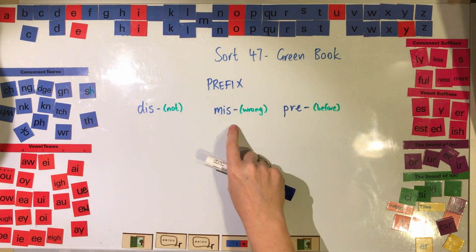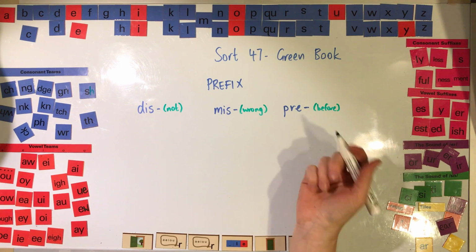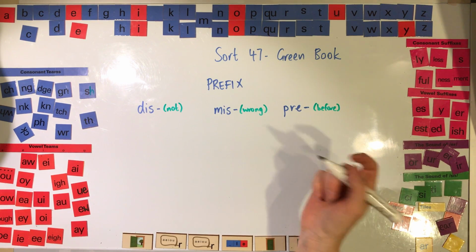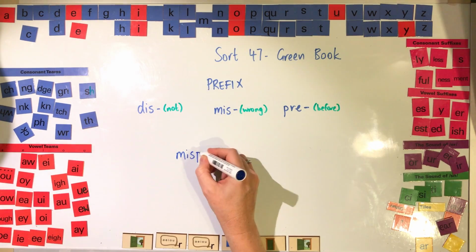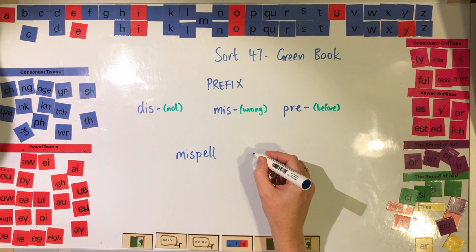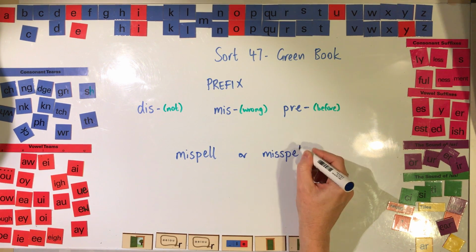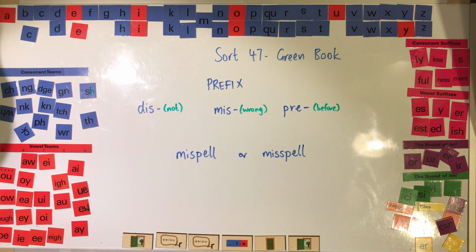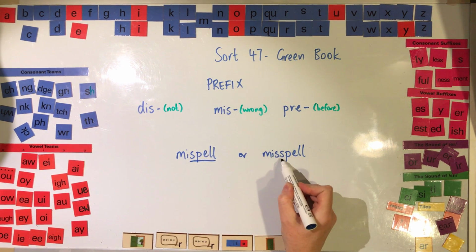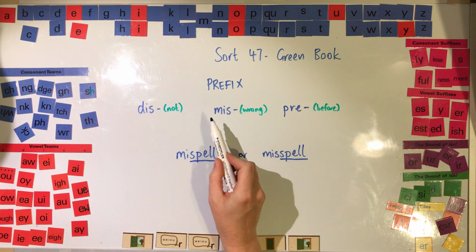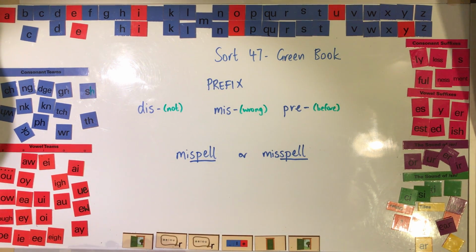Now I just want to talk about one word that goes in our miss column. The word is misspell. So you've misspelt something. Is it misspell with one S or misspell with two? Which one do you think is correct? So we've got our base word in both cases, and then we've got our prefix, MIS. So which one has had the prefix correctly attached?